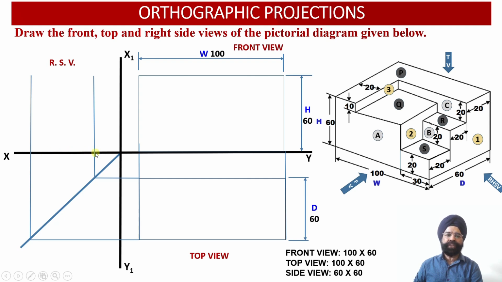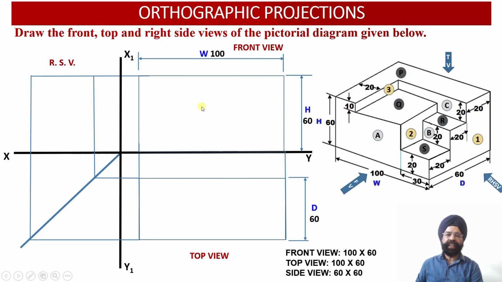In the right hand side view we are also going to get the height of the solid, which we have already drawn in the front view. So this projection we are going to obtain, so that the rectangle corresponding to the right hand side view is obtained. Since in this view the depth is equal to 60 millimeter and the height is also equal to 60, this surface becomes a square rather than a rectangle, right?